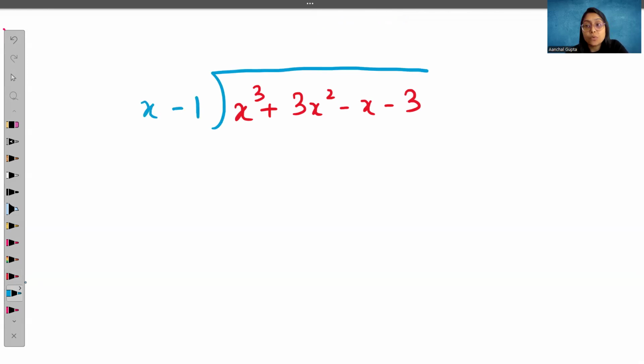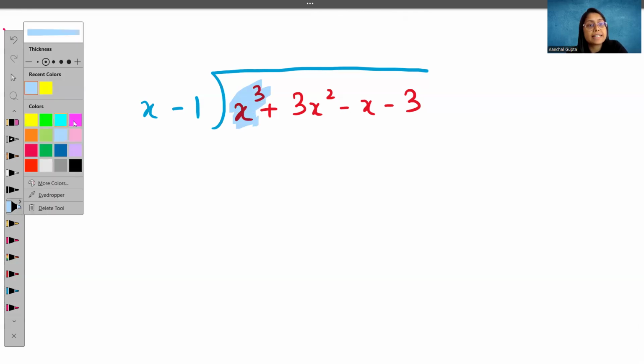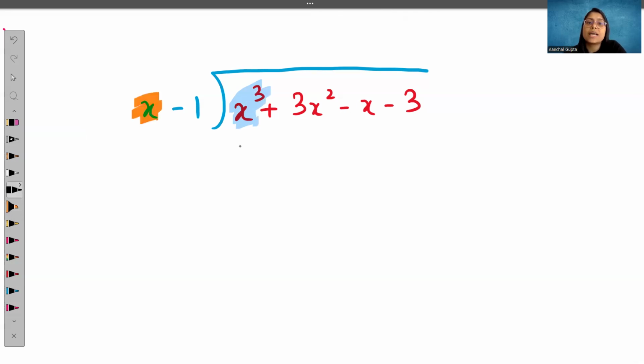We need to keep in mind the leading terms, the first term of the dividend and the first term of the divisor, that is x. So let's divide x cubed by x.